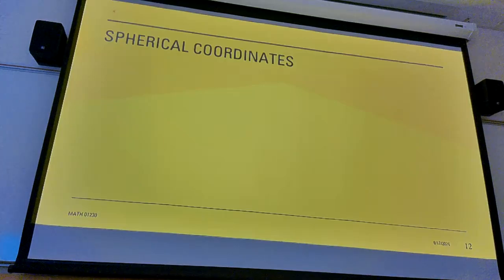So the Cartesian coordinate system, right? You're all familiar with that. The x, y, and z axes. However, it's flat. Right, so that table, it's three-dimensional, but it's flat.